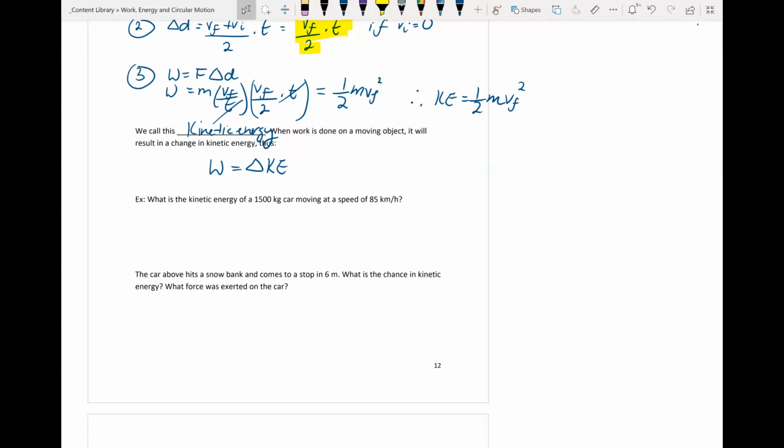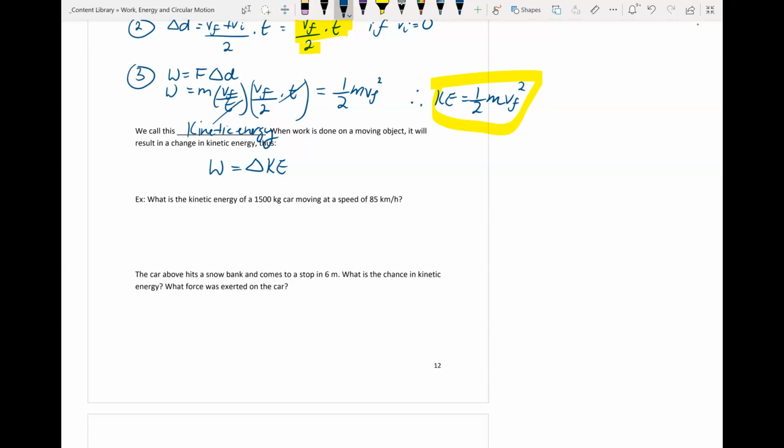Let's do an example of this. What is the kinetic energy of a 1,500 kilogram car moving at a speed of 85 kilometers per hour? For our kinetic energy formula, all we need is the mass and the velocity. We have the mass already. Our velocity we have as well, but it's in the wrong units. It's in kilometers per hour.